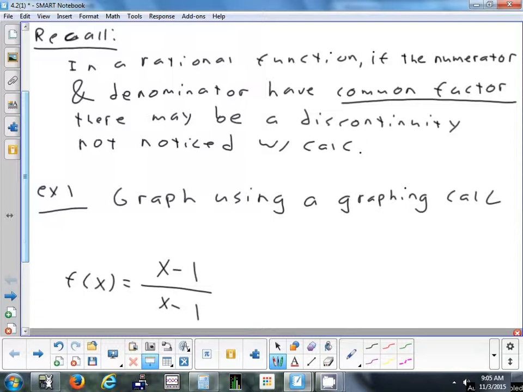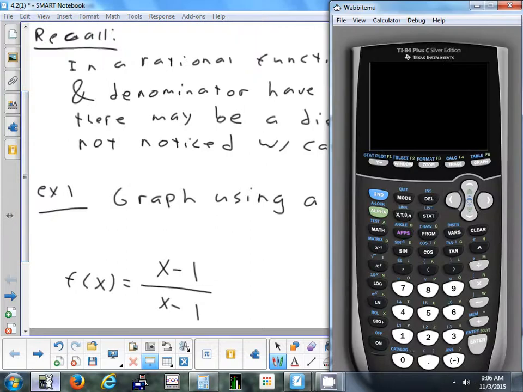Okay, no. Why not? So we're not going to get a vertical asymptote, but it's because they share a common factor. We have a common factor. Okay, x minus 1 is in the top and the bottom. Okay, so let's just graph it and see what happens.